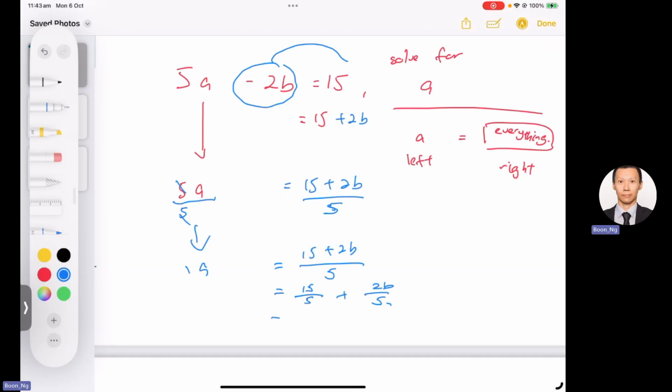This we get 3, and then this we just copy. You can stop here, but the best approach is you go all the way down. Either one will be acceptable. So that's the answer for example 1.